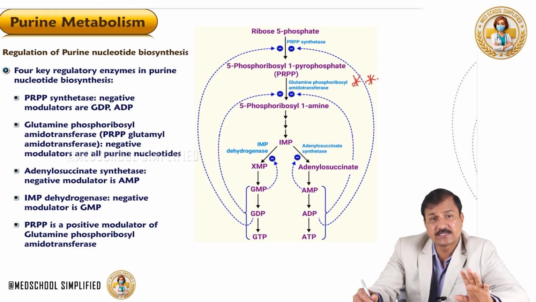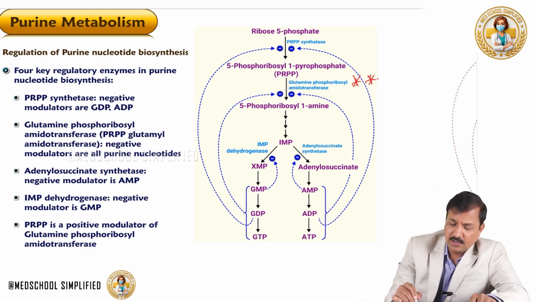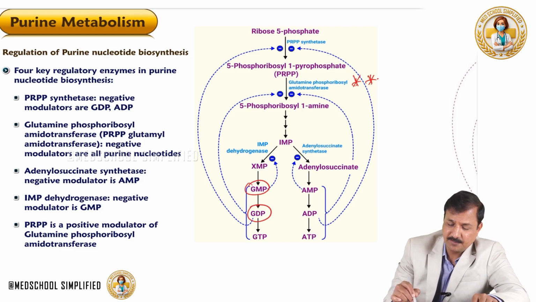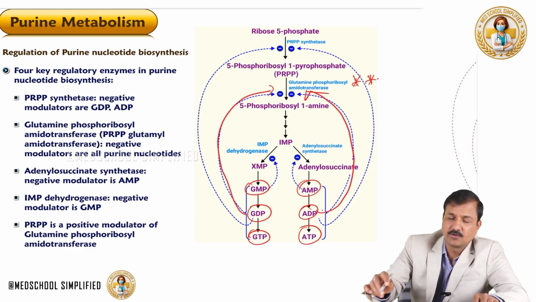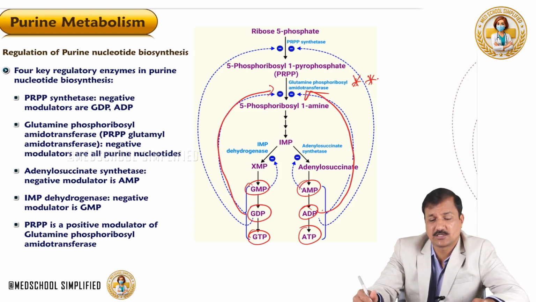It catalyzes the second reaction in purine nucleotide biosynthesis. All 6 nucleotide forms, that is GMP, GDP, GTP, AMP, ADP, ATP, will have a feedback negative effect on glutamine phosphoribosyl amidotransferase.